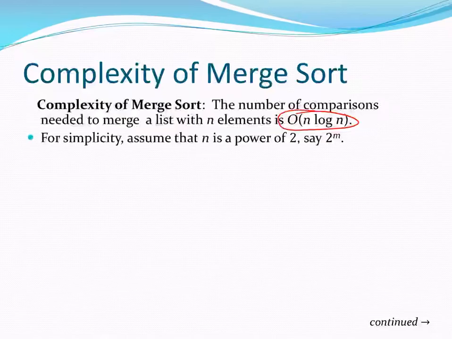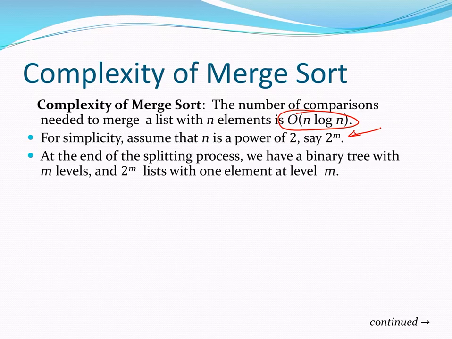So we're going to do the analysis with n a power of 2. We can always add dummy values to make n a power of 2, so this is a perfectly fine approach. So n equals 2 to the m. At the end, since we have this splitting process, we're going to have m levels before we get down to having 2 to the m lists, with each list having length 1.